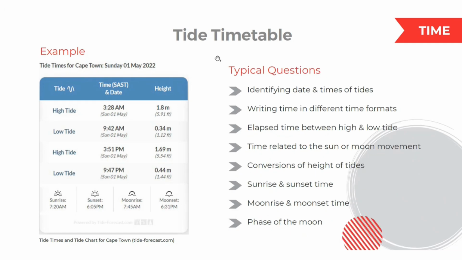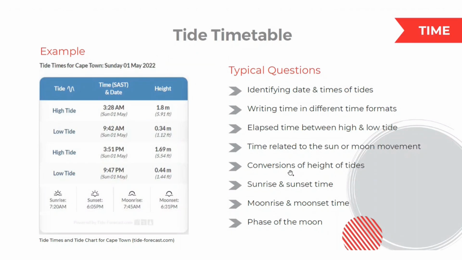So with our tide timetable, typical questions that you'll find is identify the date and time, write down the time in different time formats, so you can do your 24-hour clock, calculate your elapsed time from high tide to low tide. What is the difference in time? There can be questions related to sunrise and moonrise.